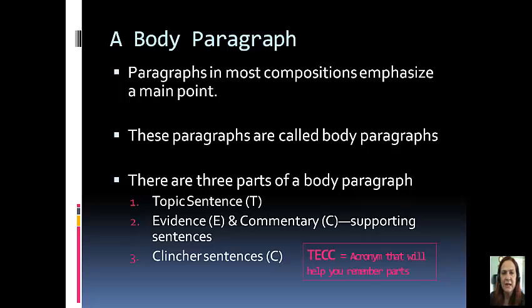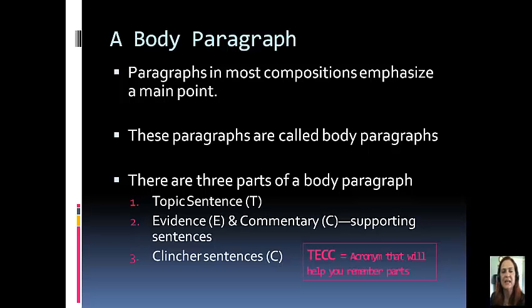Now, an acronym to help you understand what goes into a body paragraph is TECC, T-E-C-C. T is for topic sentence, E is for evidence, C is for commentary, and C is for clincher sentence.